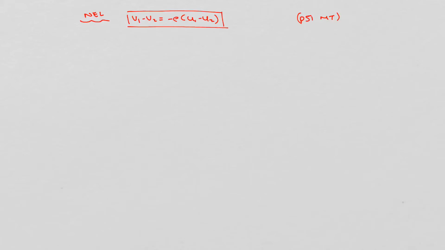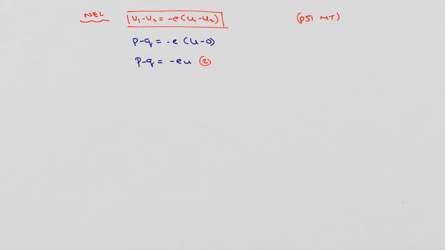So of course, if we sub in our velocities after, p minus q is equal to minus e times the velocities beforehand, which was u minus 0. So in other words, we end up with p minus q is equal to minus eu, and that's going to be our second equation.